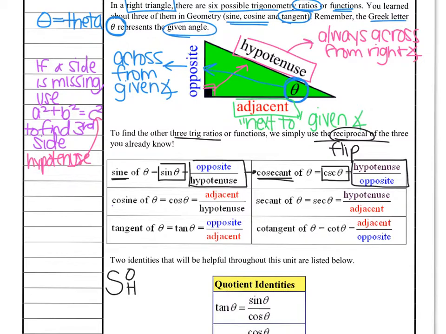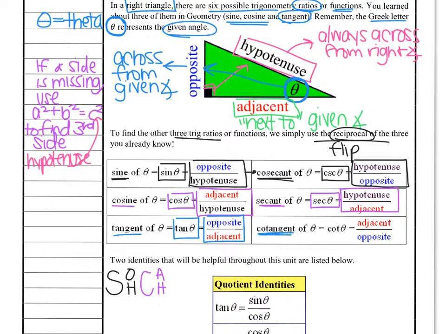Cosine, the next one, is represented by COS, and it uses adjacent over hypotenuse. Its reciprocal, called secant, SEC, uses hypotenuse over adjacent. So our original cosine uses A over H. Last but not least, we have this new one called tangent. Tangent is represented by 3 letters, TAN, and it uses opposite over adjacent.